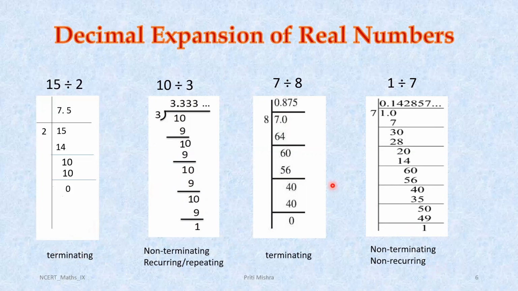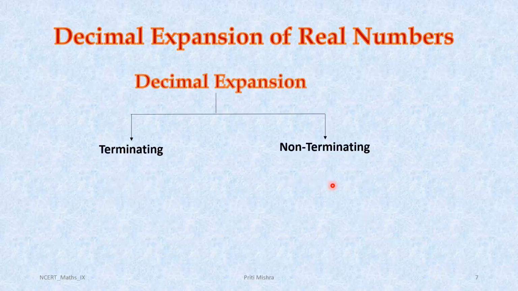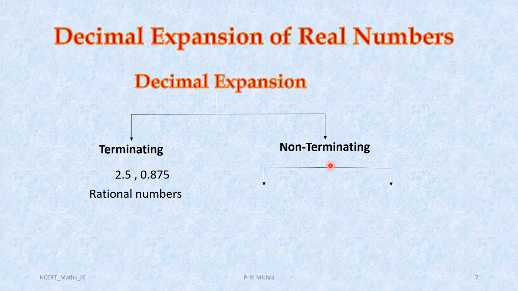Now, on the basis of these decimal expansions, we can classify numbers. We have two types of decimal expansions, terminating and non-terminating. All terminating decimal expansions like 2.5, 0.875 give us a fixed number, so such decimal expansions give us rational numbers. In non-terminating decimal expansion, we have two types.